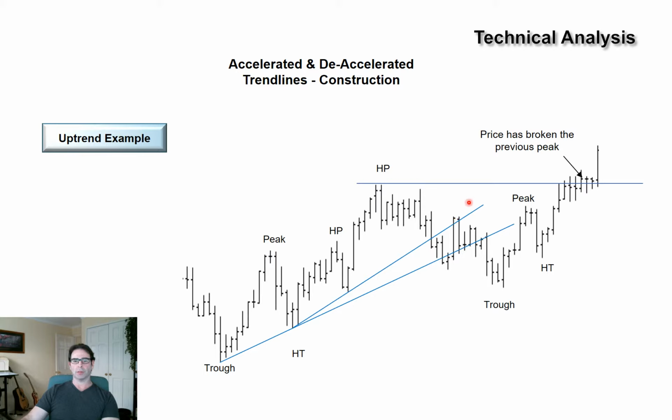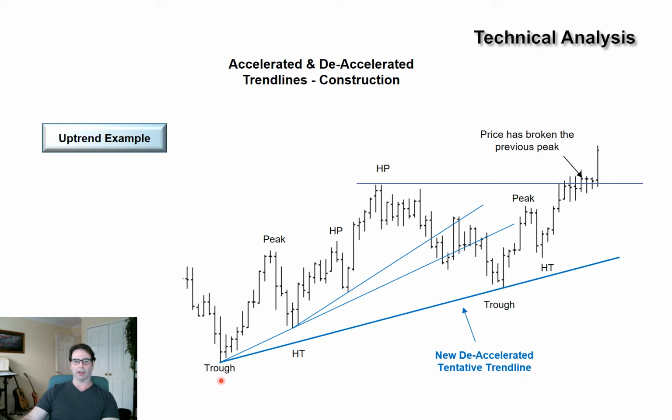So price is now pushed up, created a higher peak here, higher trough here, but the important area is once this higher peak has been broken here, so price has broken the previous peak at this point here. So now we can place our new deaccelerated tentative trend line.